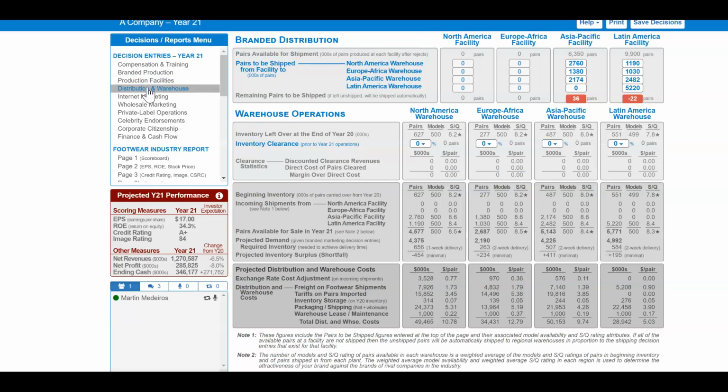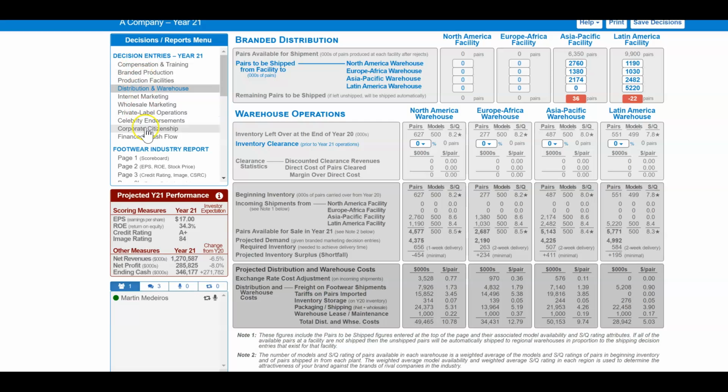Now there are more aspects to this, but right here is basically all of the different departments each team has for their company. For example, there's a compensation and training department, the production department, facilities, and so on. You can see that 1, 2, 3, 4, 5, 6, 7, 8, 9, 10.